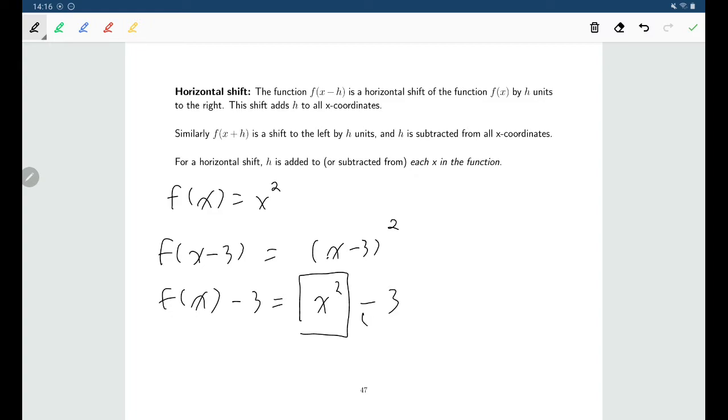So this minus 3, that's being subtracted from the entire function. That's what makes this something that's vertical. Something that's horizontal are amounts that are added to, subtracted from, or multiplied by the x values. So here it's the x that's having 3 subtracted from it. That's why this would be a horizontal transformation.